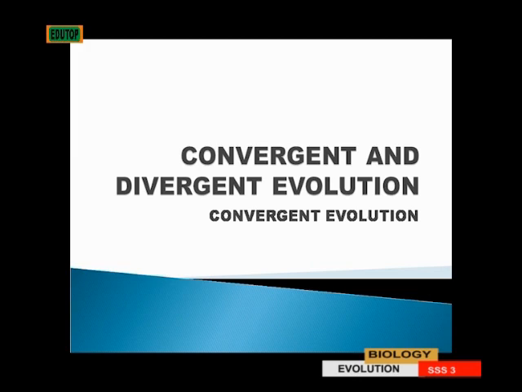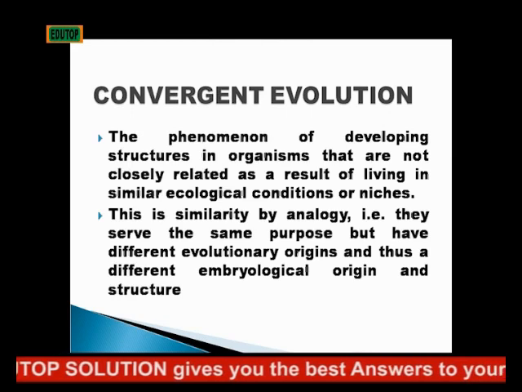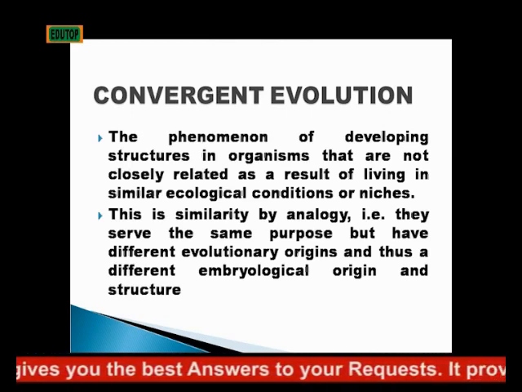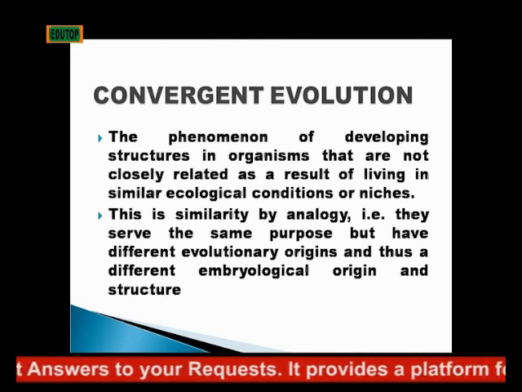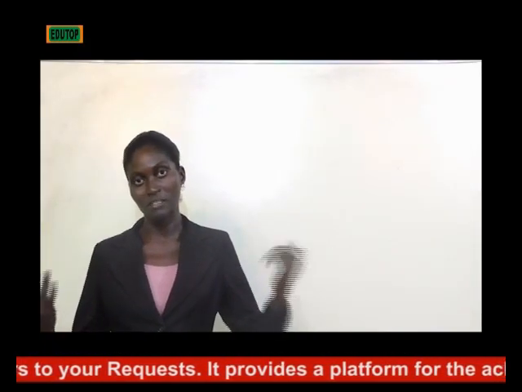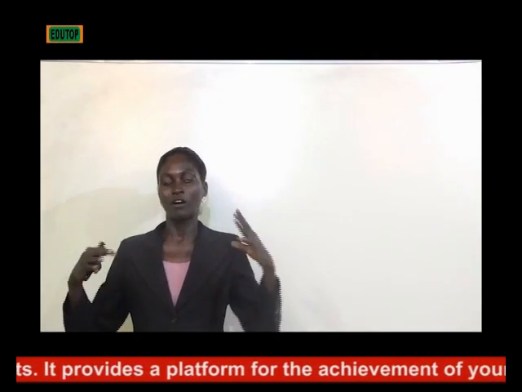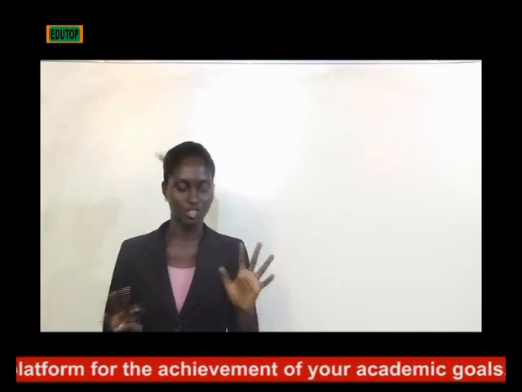Convergent evolution. This is the phenomenon of developing structures in organisms that are not closely related as a result of living in similar ecological conditions or niches. Just as you have in physics when you talk about convergent or divergent light. Convergent evolution is this: they don't have the same origin.